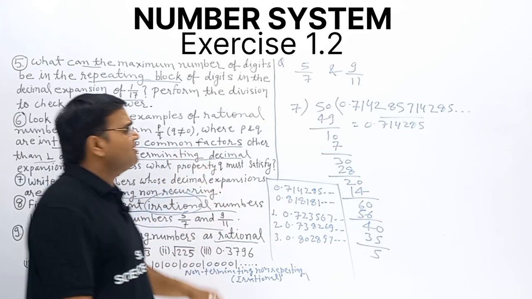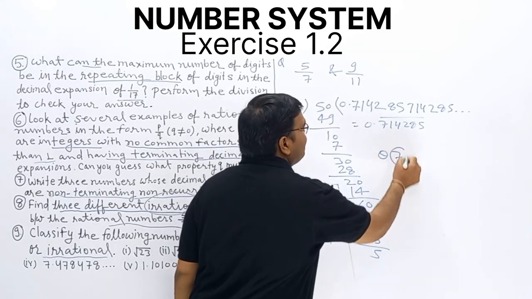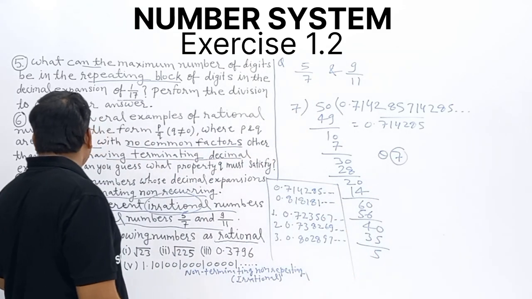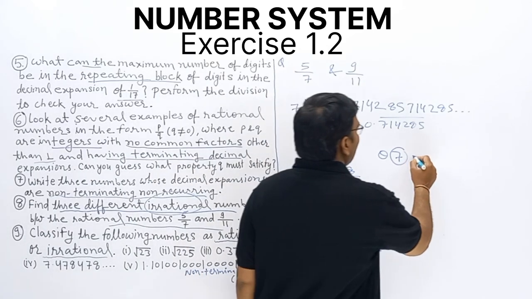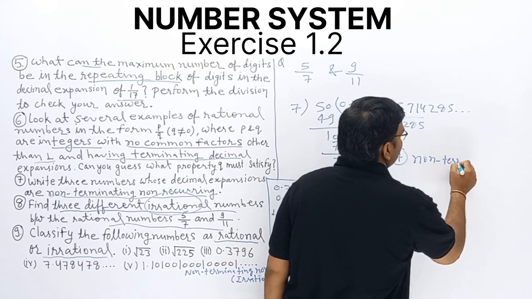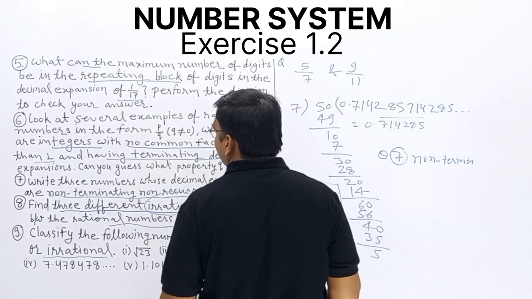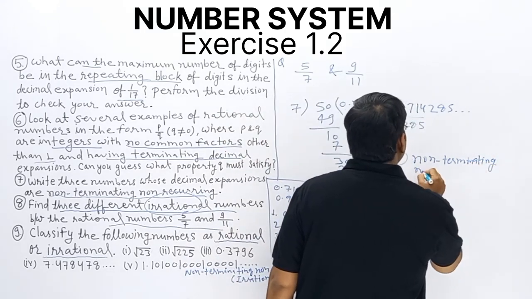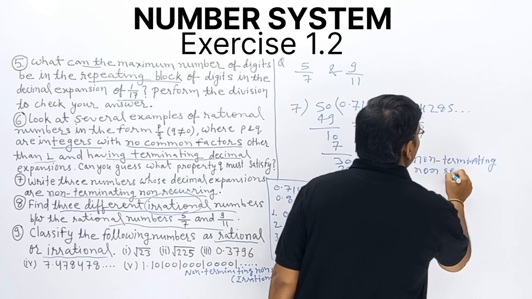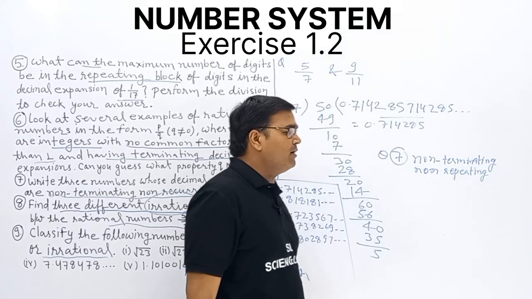But I am taking another one. What is question number 7? We want 3 irrational numbers. What sort of numbers do we require? Non-terminating, non-repeating. Repeating is also called recurring.